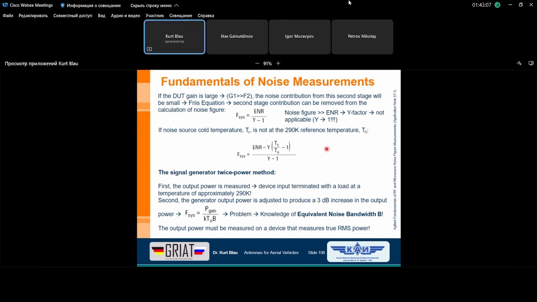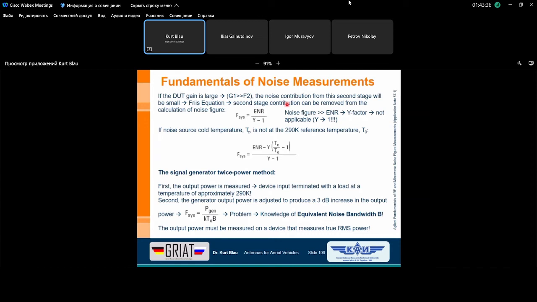We measure the output noise power of the complete cascade with the noise source on, and the second measurement value is with the noise source off, and this is the Y factor, and then we can determine with this Y factor the overall noise figure without considering the noise behavior of the single stages.